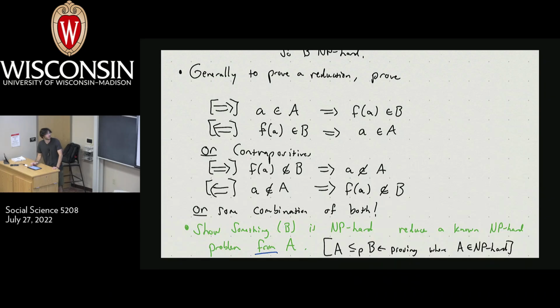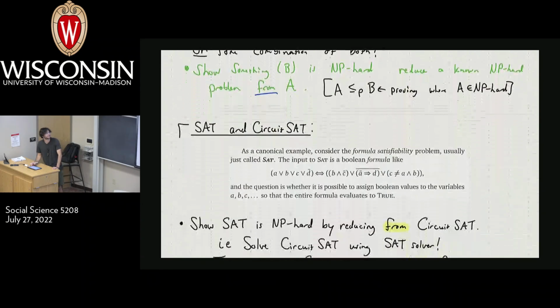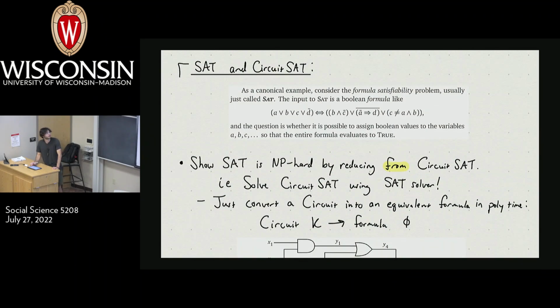Okay, let's go through some examples because I think that'll make it clear. We'll start with a really easy one. We know that circuit SAT is hard, but circuits and Boolean expressions are pretty similar. So let's consider the formula satisfiability problem, which is called SAT, and you're just given some Boolean formula like A or B or C or not D, if and only if B and not C, etc. Just some giant logical expression.